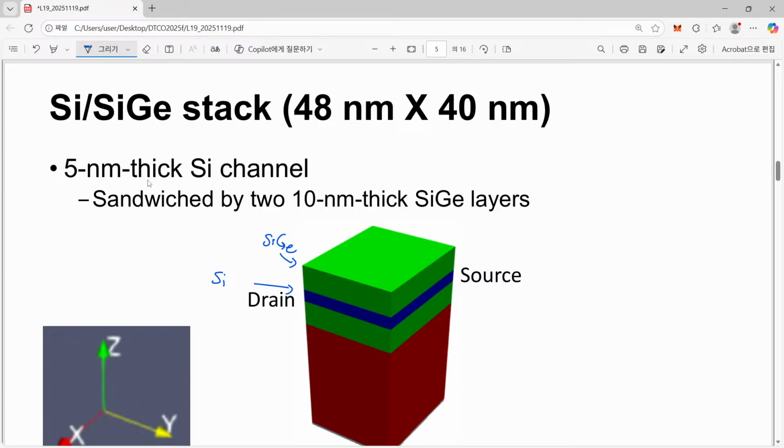And maybe you remember that the very first example we considered in our exercise was that silicon germanium stack. Although we have just a single silicon layer, in reality we have multiple layers. The number of silicon layers really determines the number of channels or stacks.